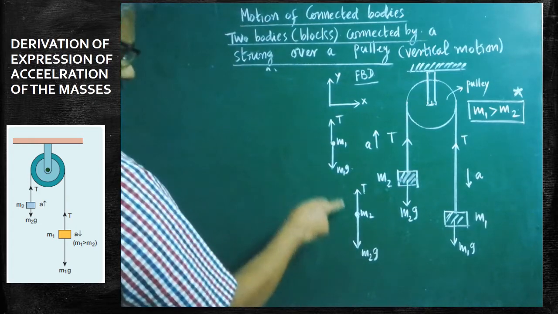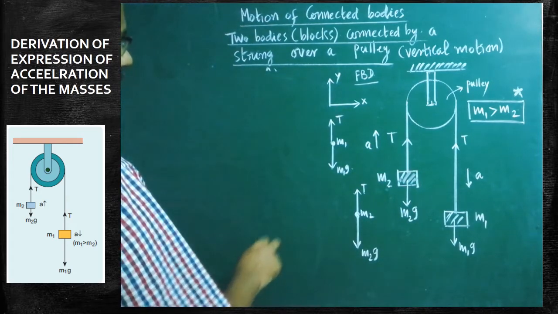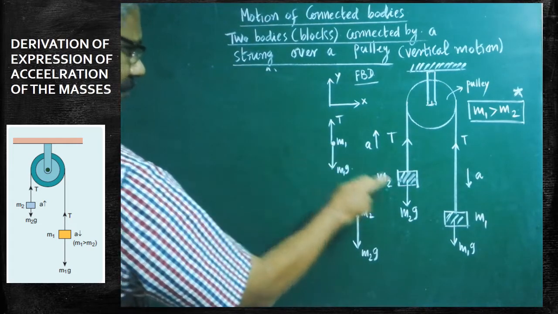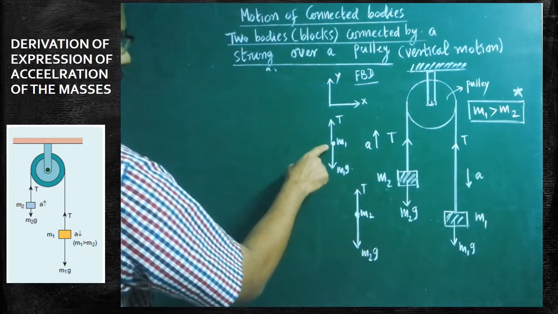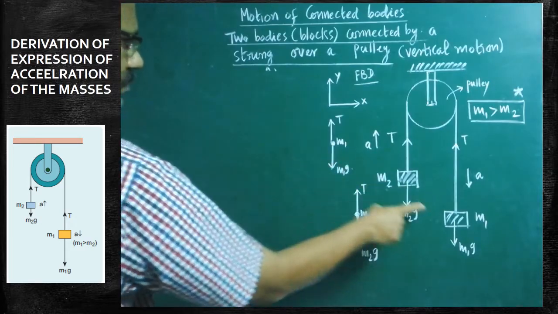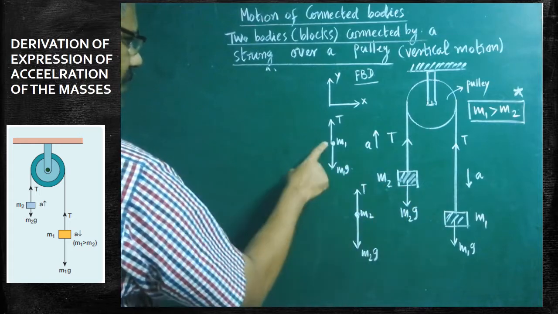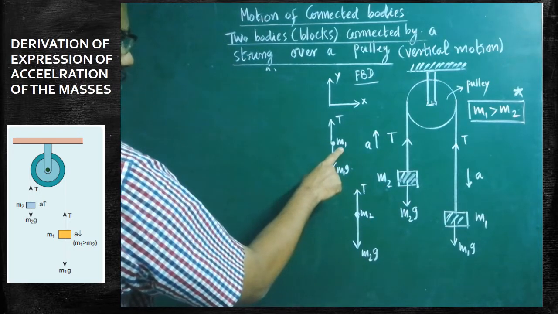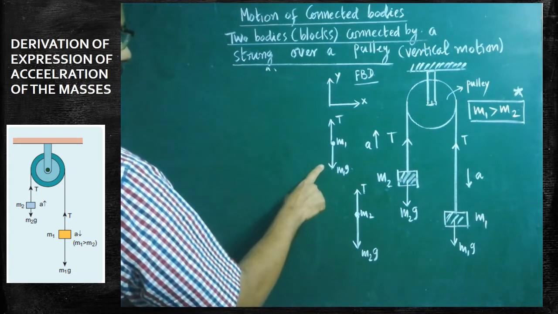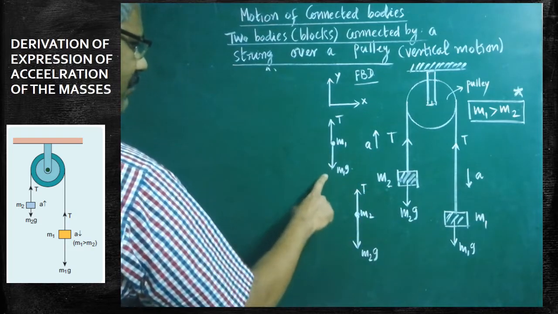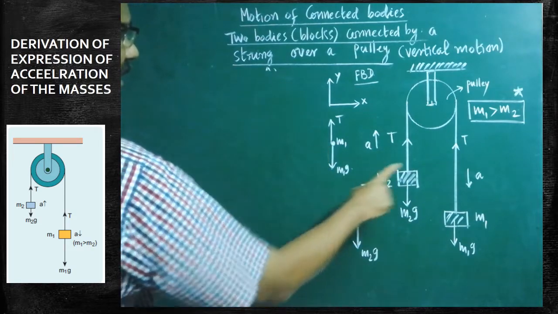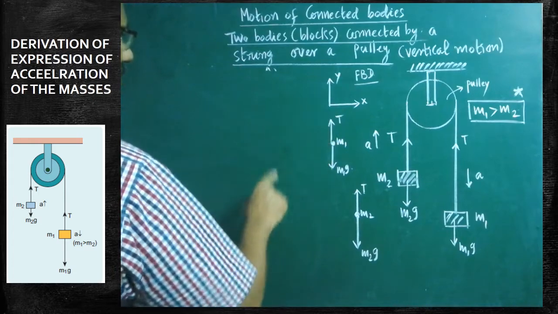For that we have to draw the free body diagram. Okay, first I will draw the free body diagram for mass m1. First you put a dot here. This mass object must be drawn like a point. Nearby you write m1. Are you clear? The force m1g must be drawn towards downward direction. Here the tension must be drawn towards upward direction.